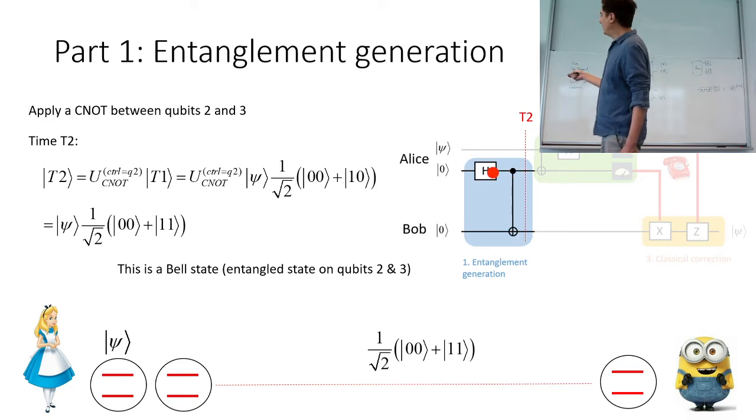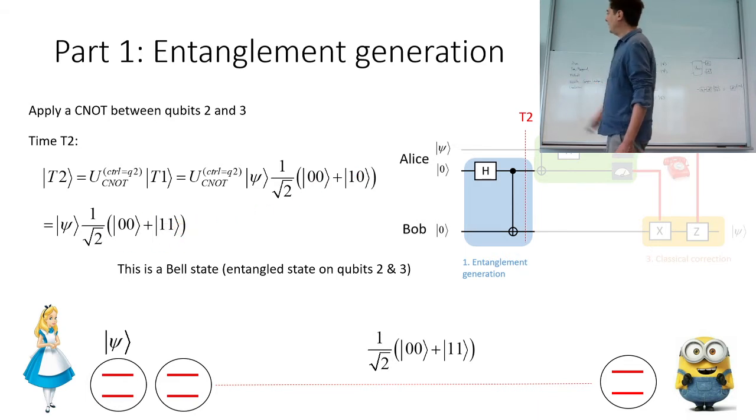If it's 1, then you flip the other one. So for this term the control qubit is 0, so we don't have to do anything to that state. For this one we've got 1, so we flip the third qubit, and we get the state 1, 1 here.